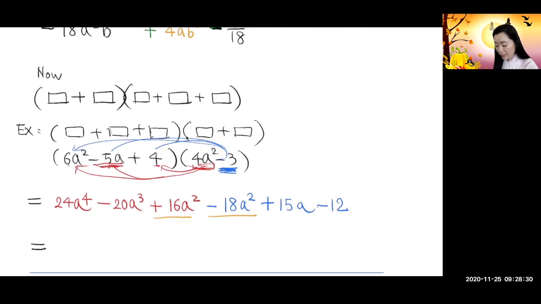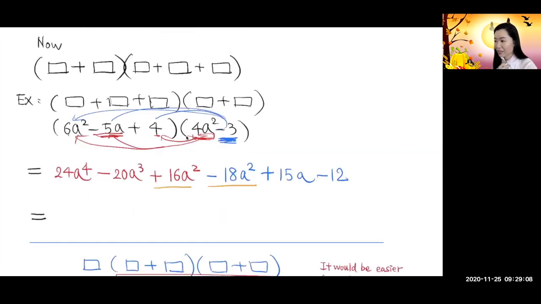This times this is negative 18a squared. Negative 3 times negative 5a: negative times negative is positive, so it's positive 15a. And then negative 3 times positive 4 is negative 12.